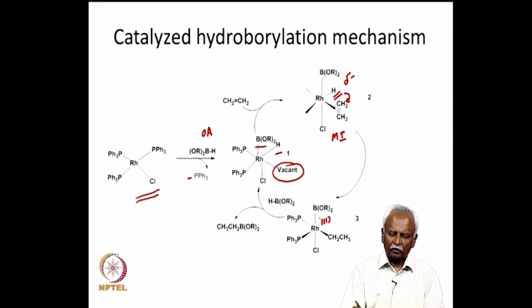The migratory insertion reaction does not change the oxidation state of rhodium. So, you now have a rhodium 3 species from which the boron and the ethyl group can be eliminated in order to generate a catalytically active species.